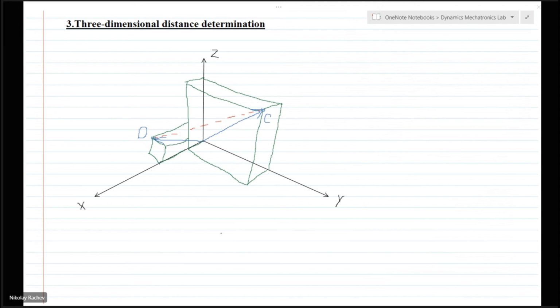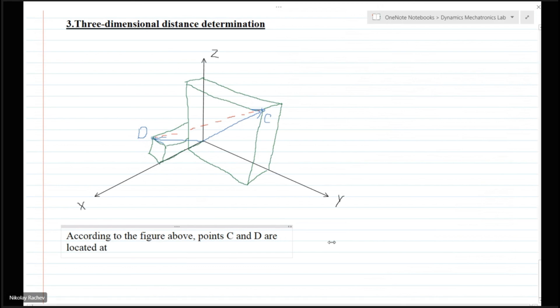There is something else. We have to see the following. Let us write the following. According to figure above, points C and D are located at, and we will finish like that today, we will just write the assignment, 1, 4 meters, I'm sorry, and just one moment.